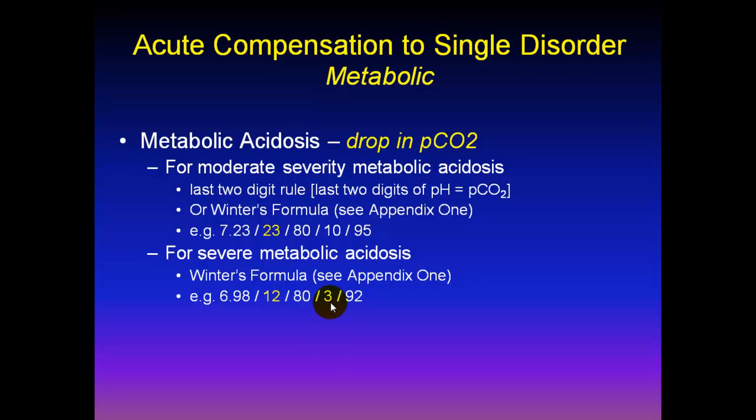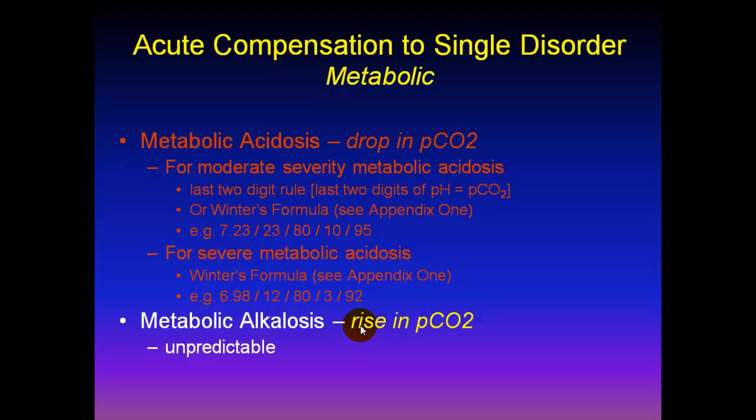In this case, 3 times 1.5 plus 8 is 12.5. And this is 12, which is within 2 of 12.5. So in severe metabolic acidosis, the bicarb will fall, the PCO2 will fall to compensate until it's within 2 of the bicarb times 1.5 plus 8.